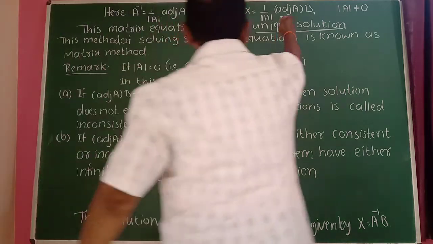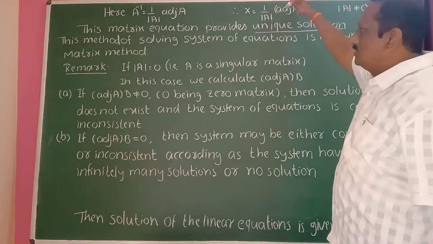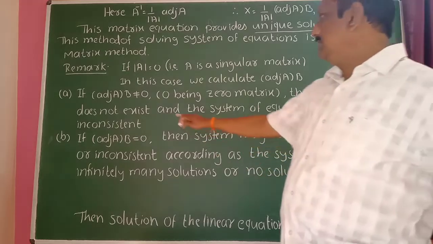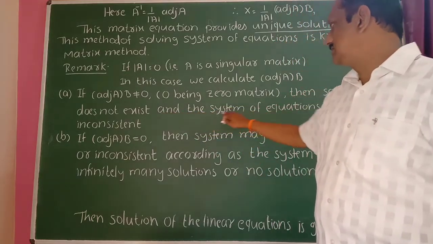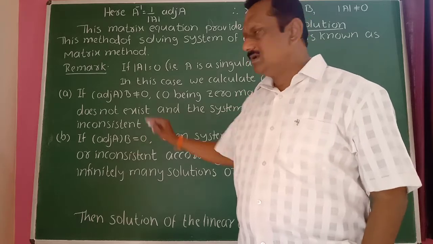If this is not equal to O, in that case the solution does not exist and the system of equations is called inconsistent.